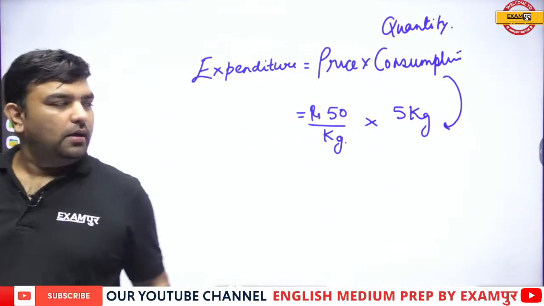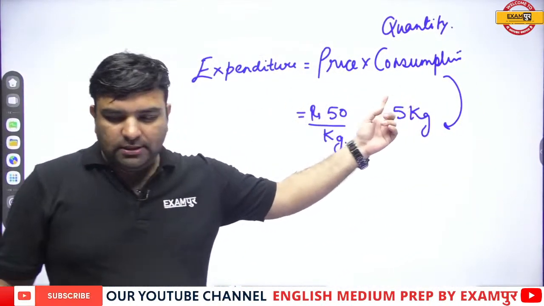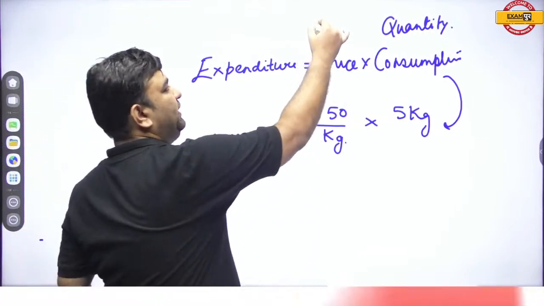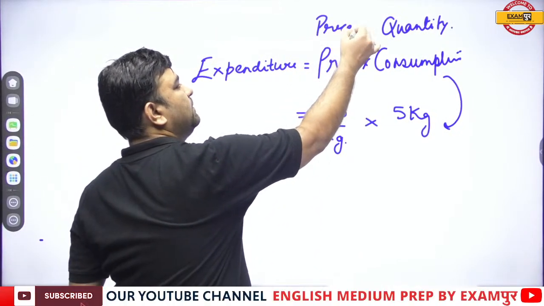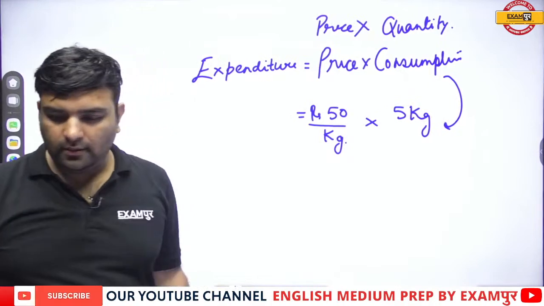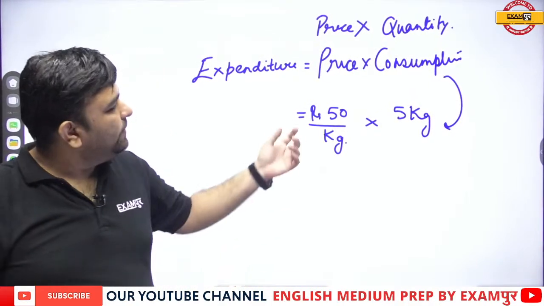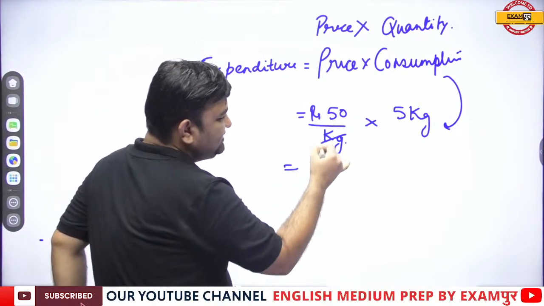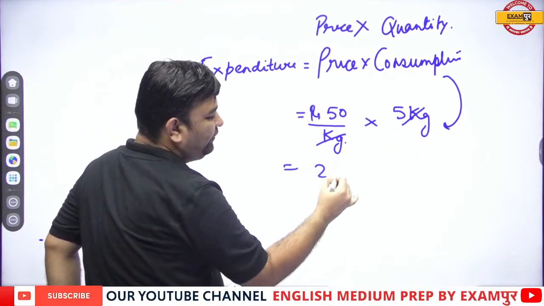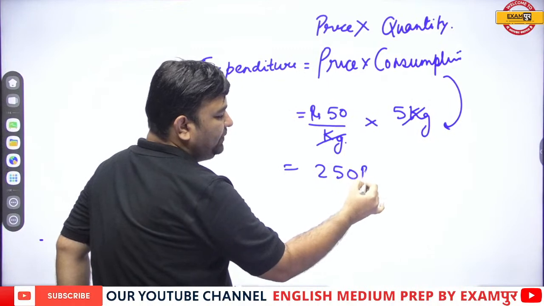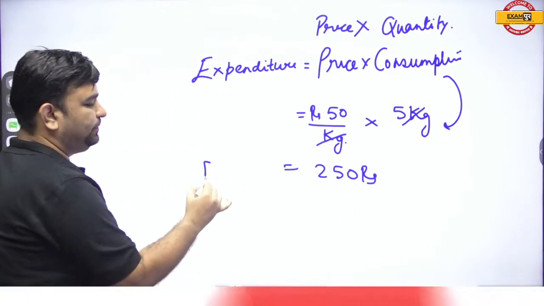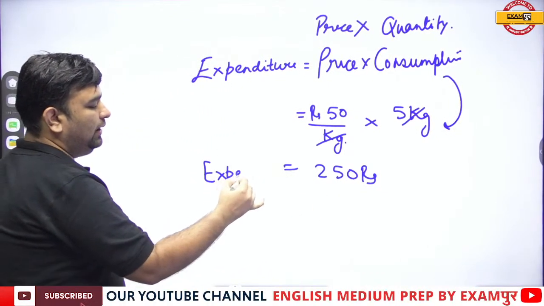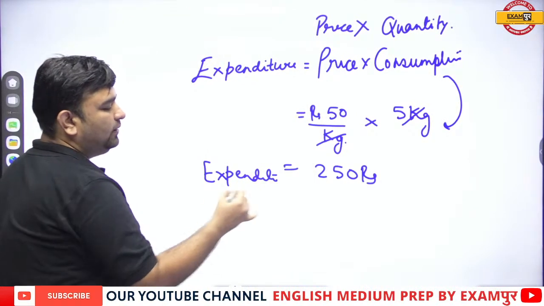So price into consumption, or price into quantity. Kg will cancel out each other. It's 250 rupees. This 250 rupees is the expenditure, like how much you spend.